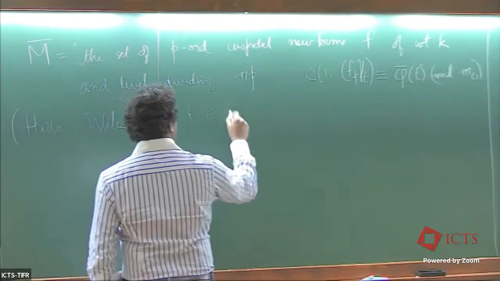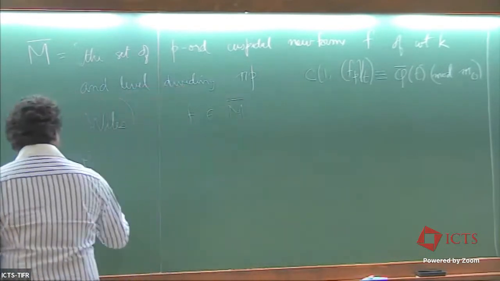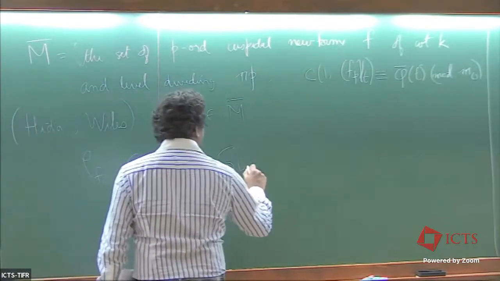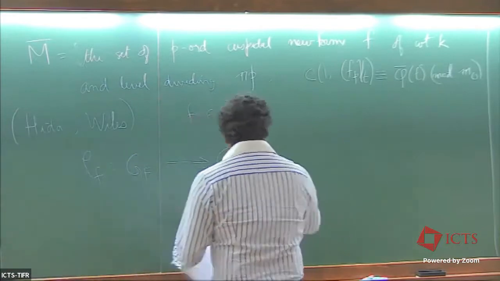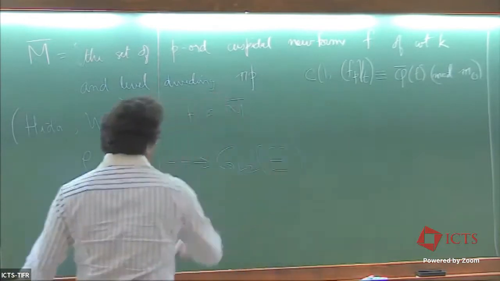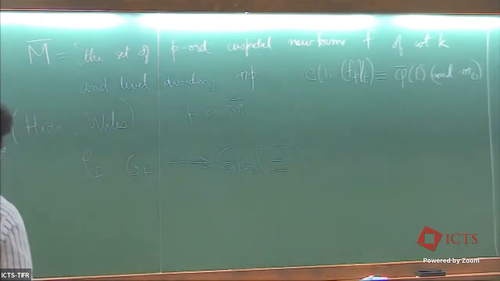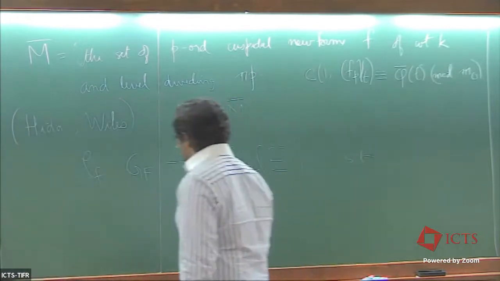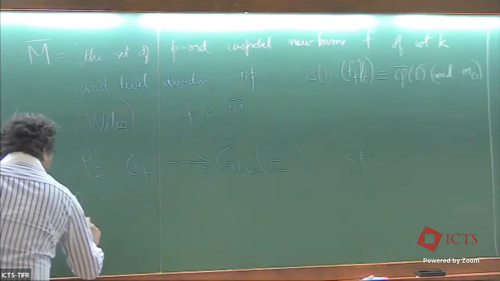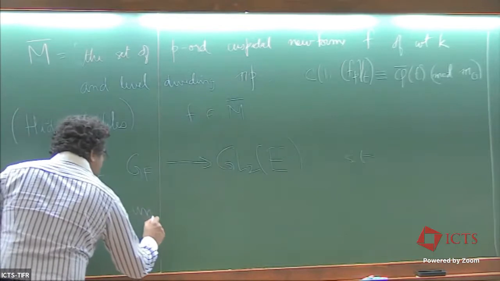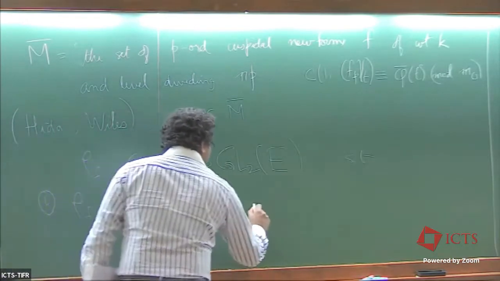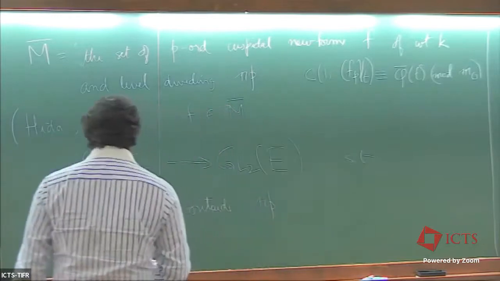So F is in M bar, and there's a Galois representation attached to this, into some finite extension of Q_p. Let me call that E, which satisfies various properties. So one is that rho_F is unramified outside the level times P.